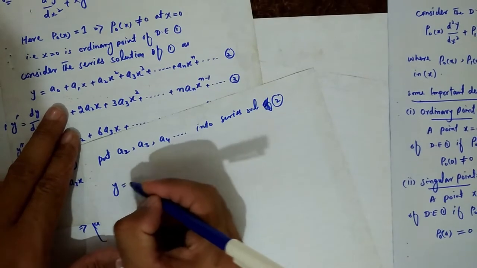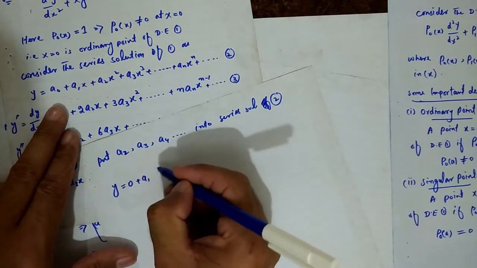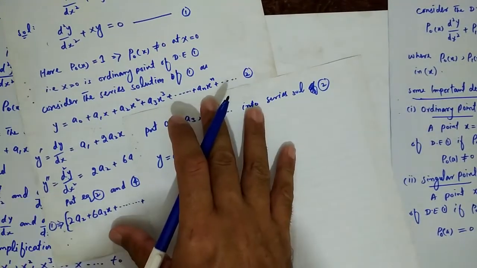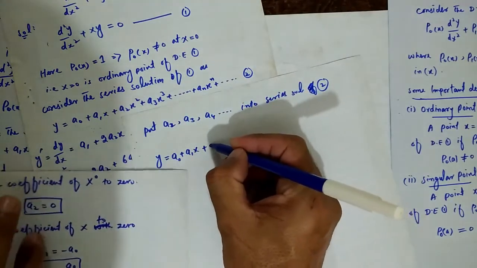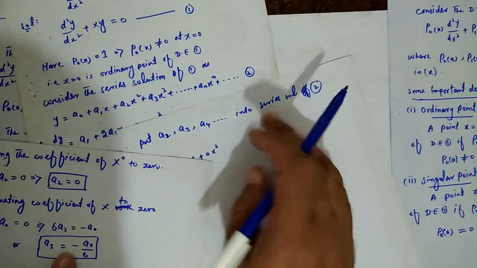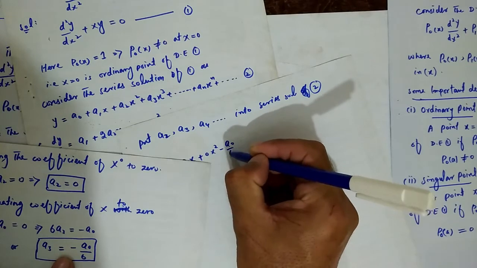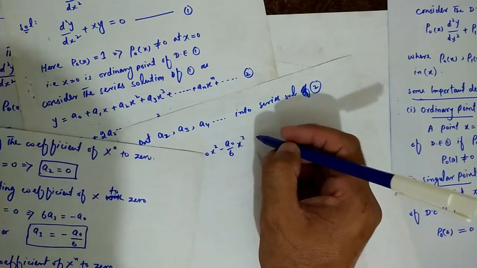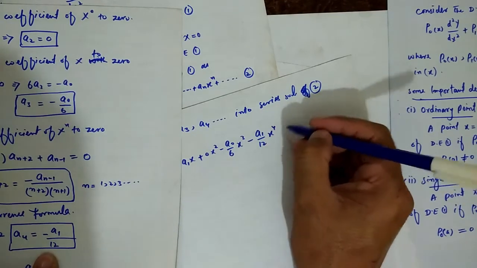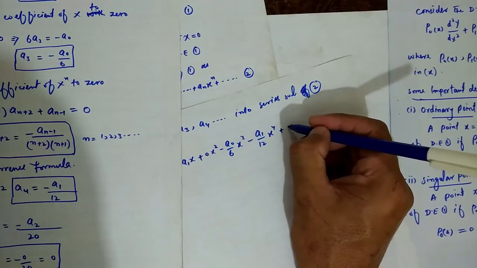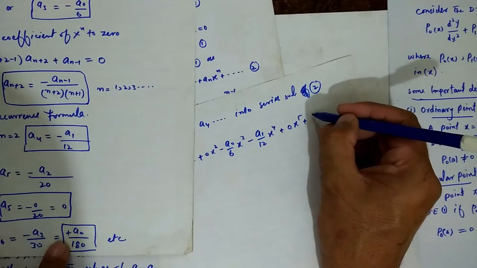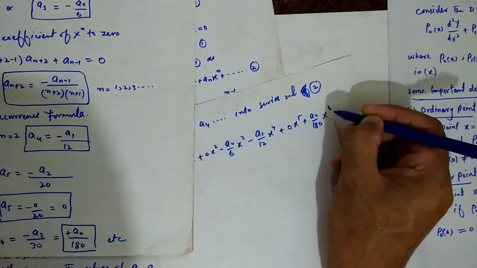So y will be equal to a0 plus a1x plus a2, a2 is 0, so 0 times x square plus a3 x cube, so a3 is minus a0 divided by 6 into x cube, and similarly a4 is minus a1, so this is minus a1 by 12 x to the power 4 plus a5 is 0 x to the power 5 plus a6, which is a0 divided by 180 x to the power 6 and so on.